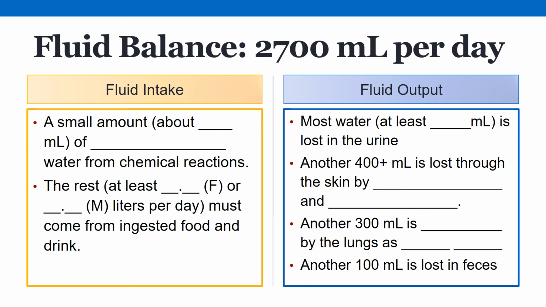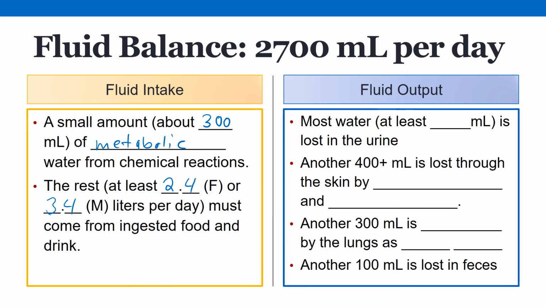All right, on the fluid intake side, a small amount, about 300 milliliters of metabolic water is produced inside our body every day from chemical reactions. The rest, at least 2.4 liters in females or 3.4 liters in males, has to come from ingested food and drink.